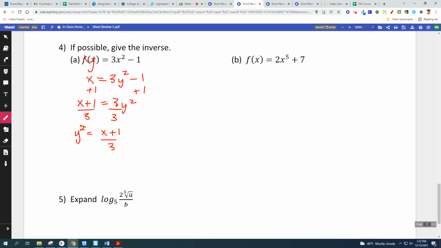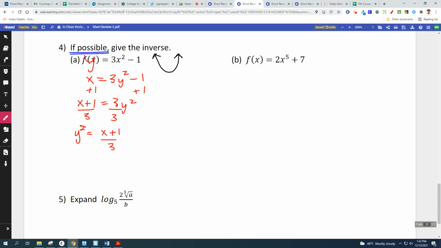Last step, we're going to have to do the square root. Oh, you know what's weird about this one? This graph I know is a parabola. X squared is a parabola. And I should have thought about this, but when it said "if possible," that's a strong hint that sometimes it's not possible.